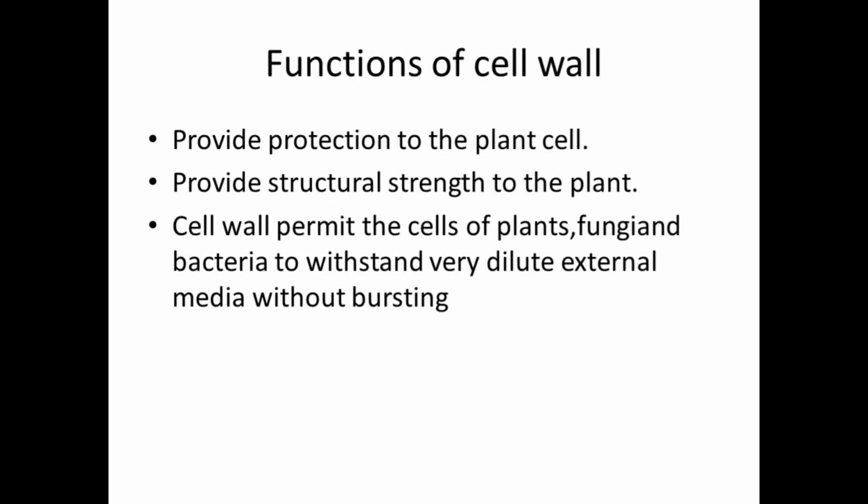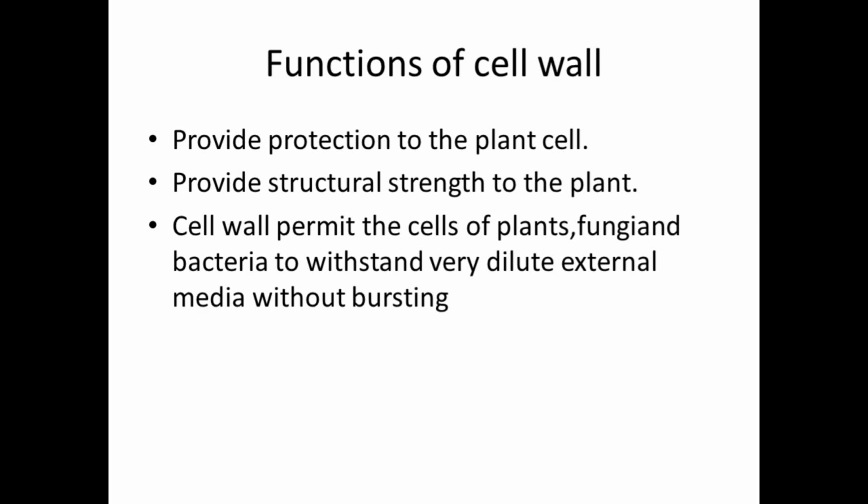Now we see the functions of cell wall. Cell wall provides protection to the plant cell. It provides structural strength to the plant cell, and the cell wall permits the cells of plants, fungi and bacteria to withstand very dilute external media without bursting. What happens if the external media is dilute? The water molecules will have a tendency to enter the cells.